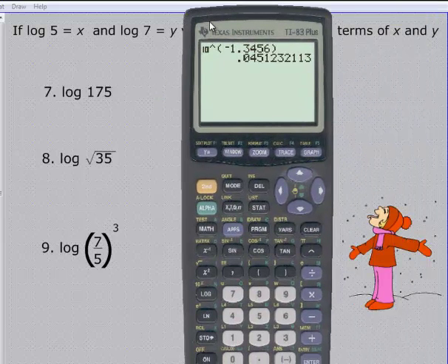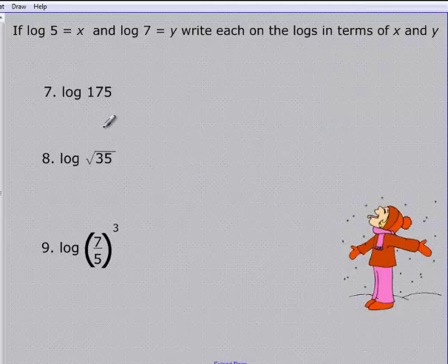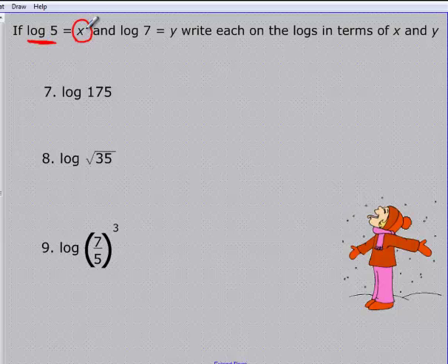All right, we don't need the calculator anymore, so let's get rid of that. And this is how they will make logs hard for you. They know you can do it on the calculator, so in order to test you to see if you really know logarithms, they'll give you examples like this. So here's our clue. Every time we see the log of 5, we may replace it with the letter x.